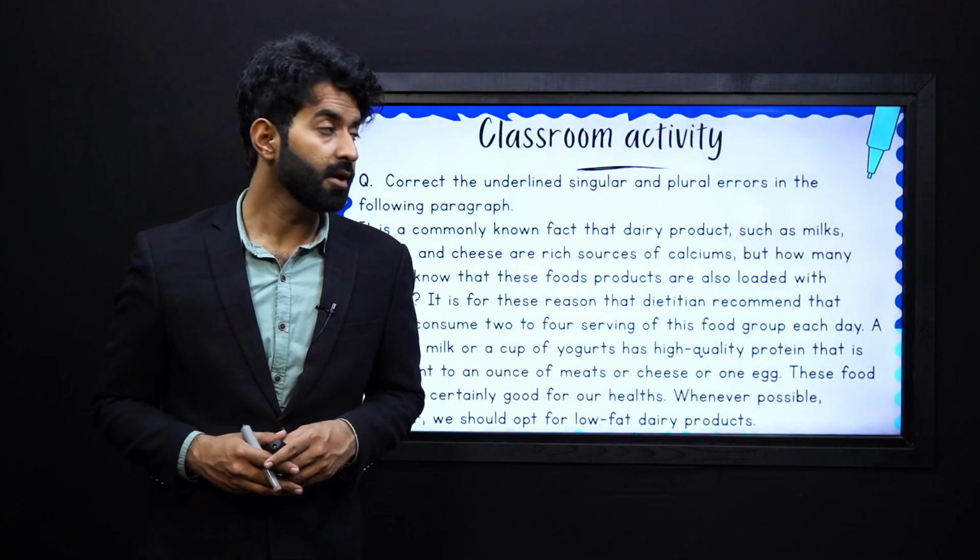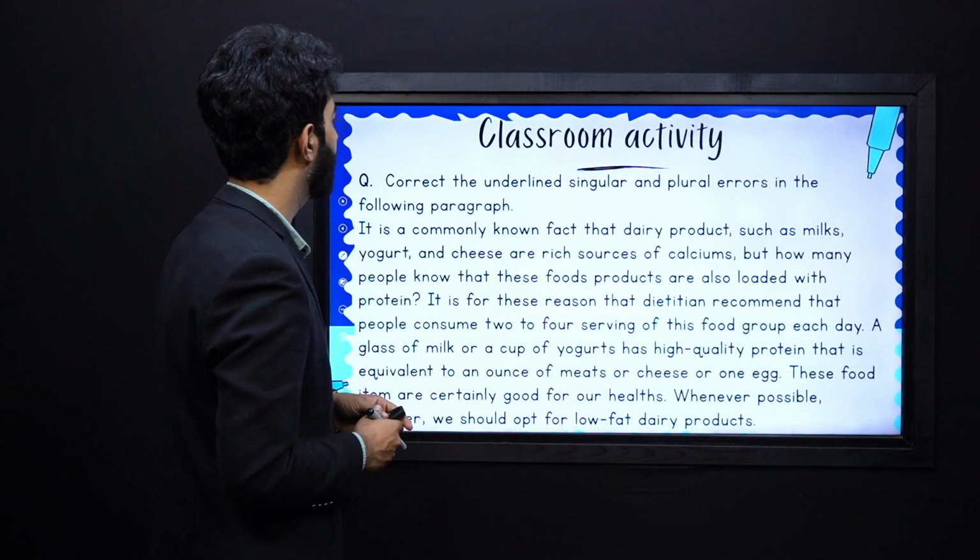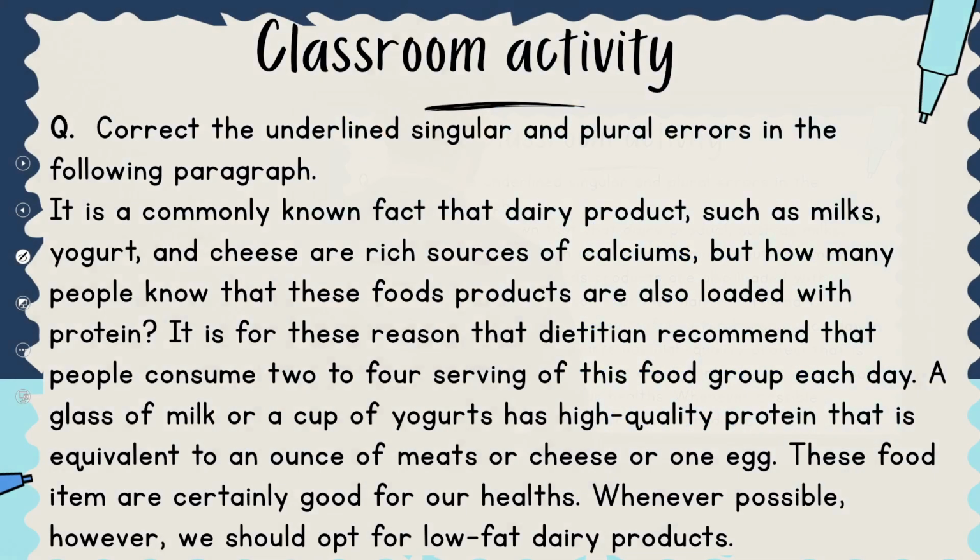For classroom activity, what do we have? We have a passage. In it, you have to find out the singular and plural errors. For example, let me point one for you. It's a commonly known fact that dairy products such as milks, see, we don't use s after milk.